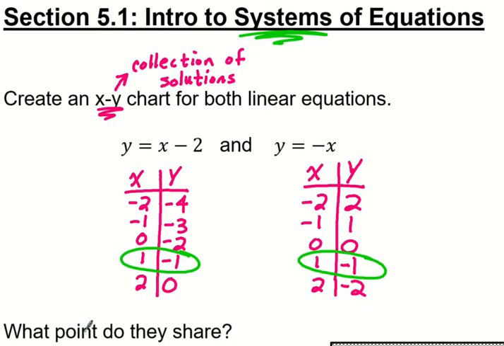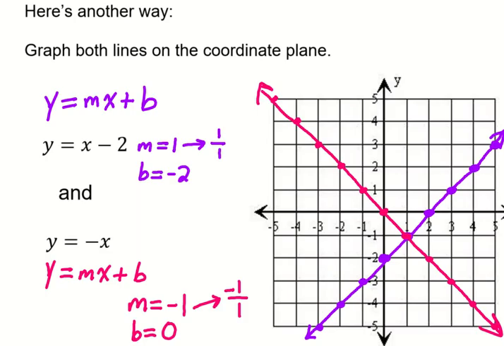What point do they share? Well, looking at a graph, it's blatantly obvious. It's where the lines intersect each other. So what are the coordinates of this point? 1 comma negative 1.